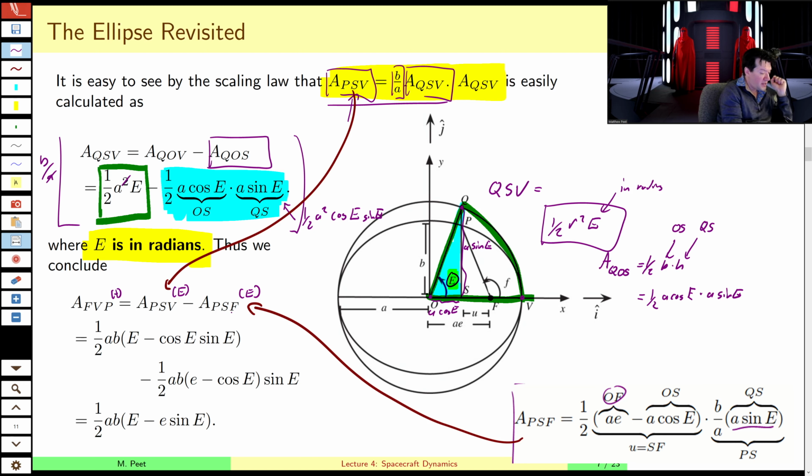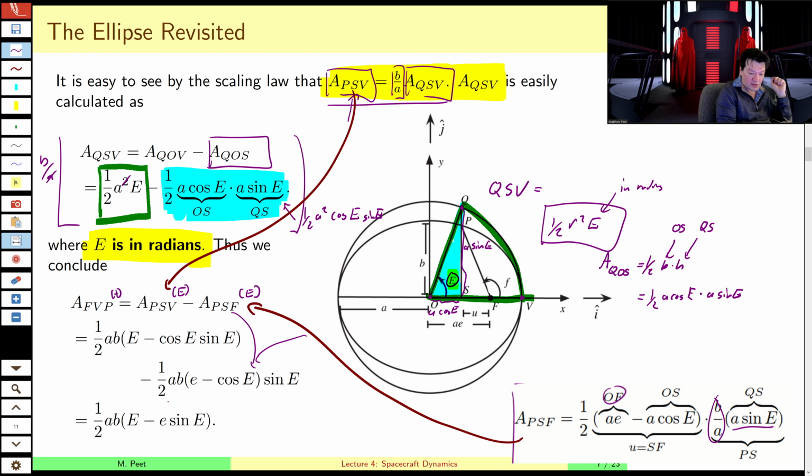And then PSV from the previous slide. Well, what do we have here? We can simplify that. Again, we have the B over A term here, so that cancels out an A squared.